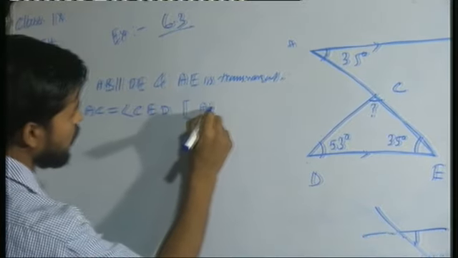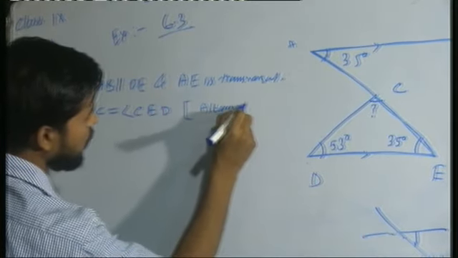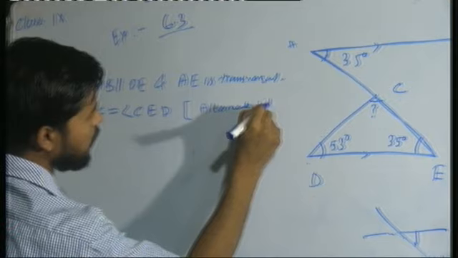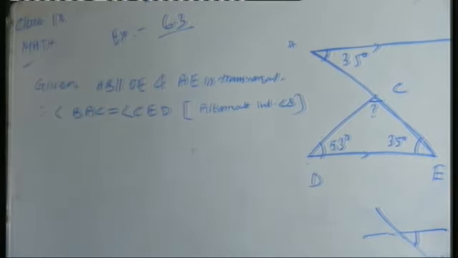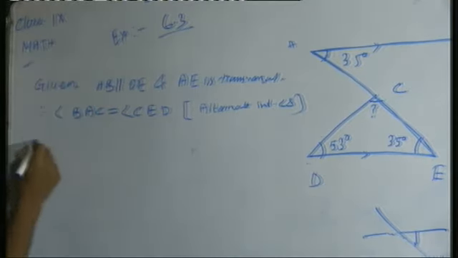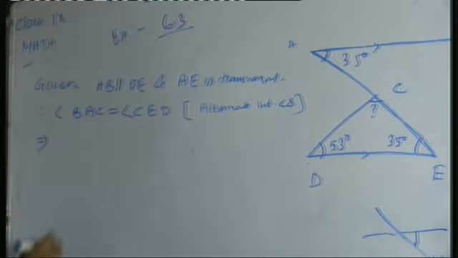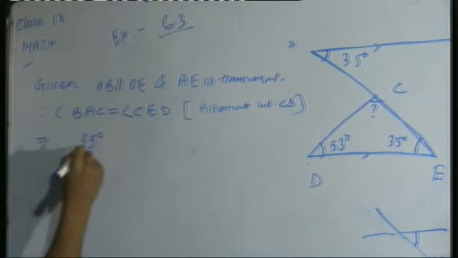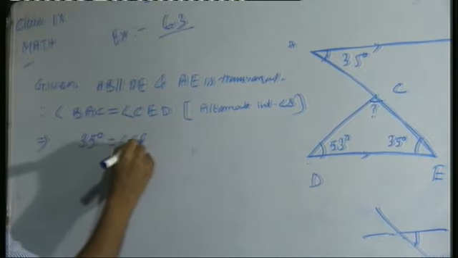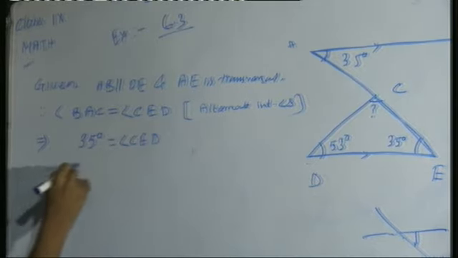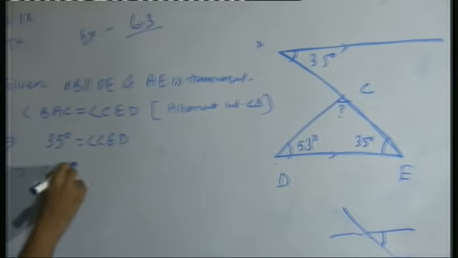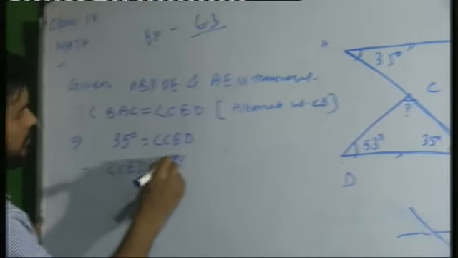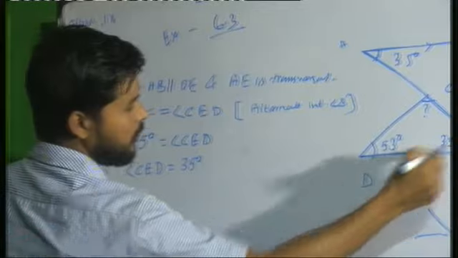Because they are alternate interior angles. That means the value of BAC, given as 35 degrees, is equal to angle CED. That means angle CED is equal to 35 degrees. So this angle is equal to 35 degrees.